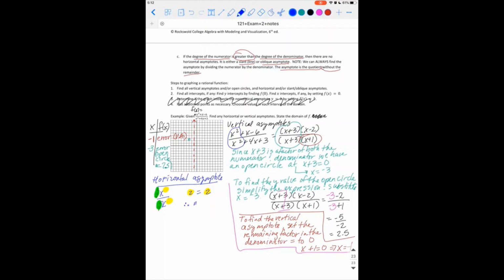Therefore, here my horizontal asymptote is y equal to 1 over 1, which is just 1.